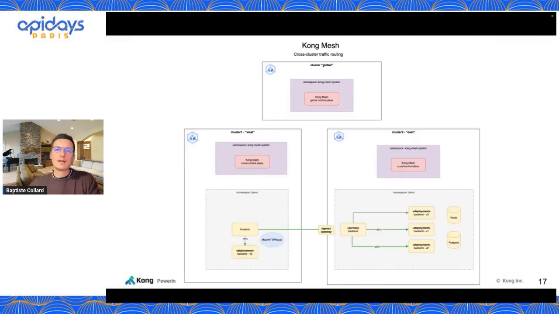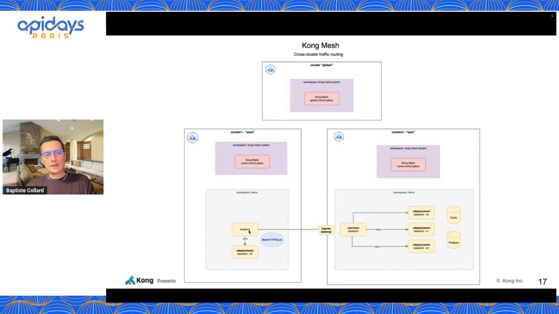So the demo today will use 3 different clusters. One cluster where the global control plane will be deployed, the Kong Mesh global control plane. A second cluster called West, where we will have a zonal control plane, and a third cluster called East with, again, a zonal control plane. Then the application itself that we will use for the demo will be spread onto those 2 clusters.